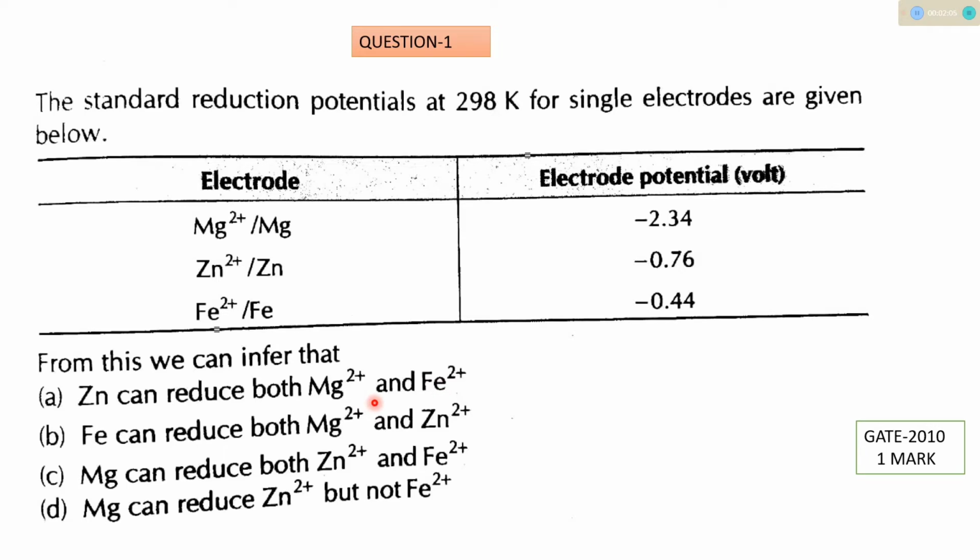From this data, we have to find the correct statement among these four statements. To understand this type of question, we have to learn some basic concepts about the electrode and electrode potential, or oxidation and reduction potential.